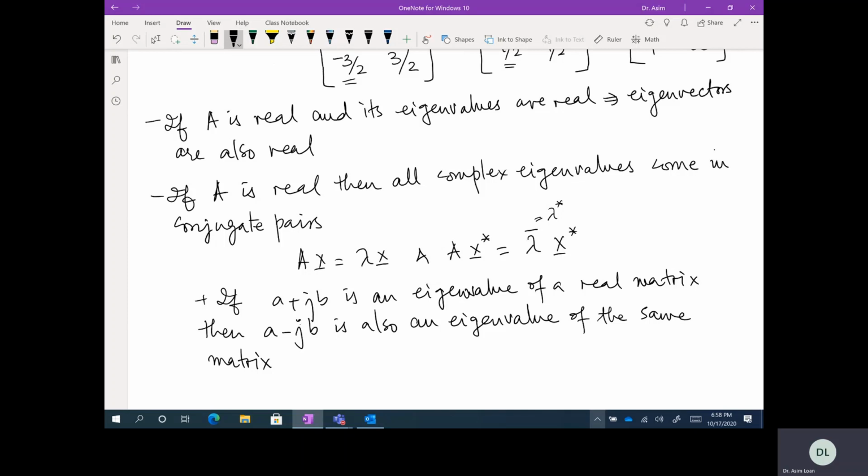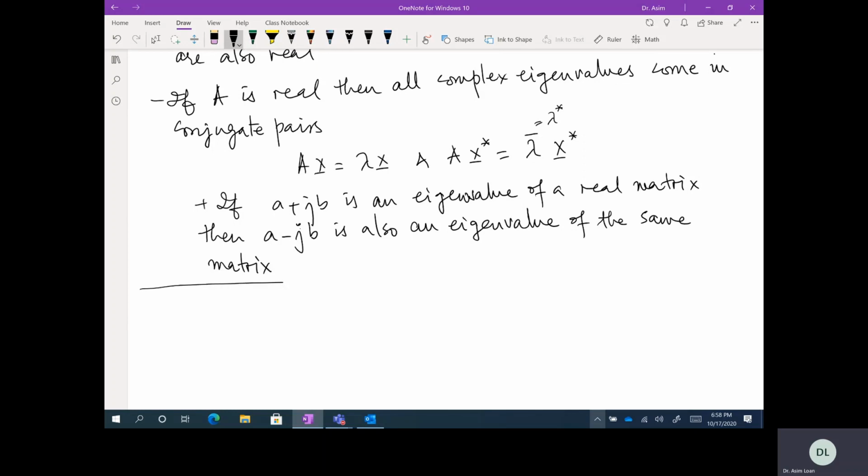Okay, so this is all we want to talk about the Hermitian matrices. So let's look at the counterpart of orthogonal matrices, which are the unitary matrices. So what are unitary matrices?